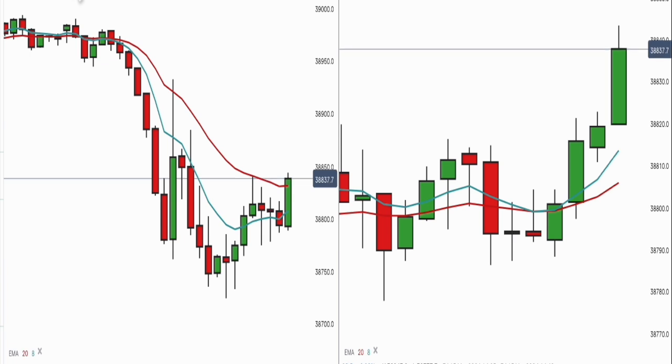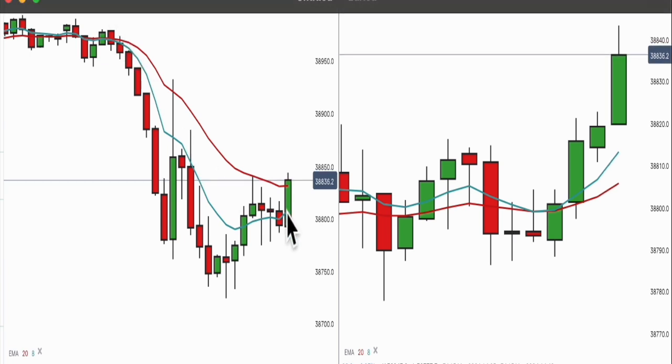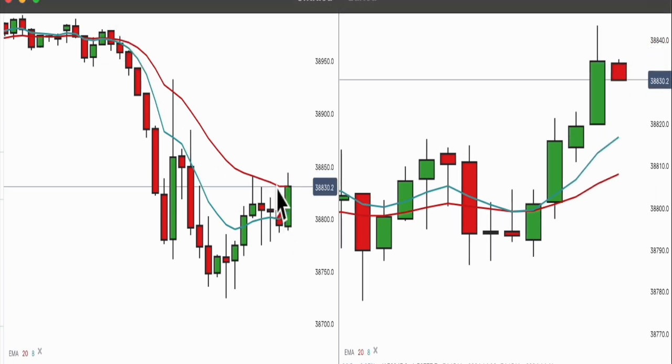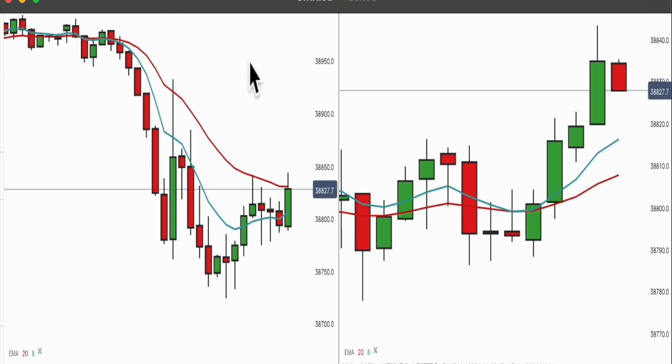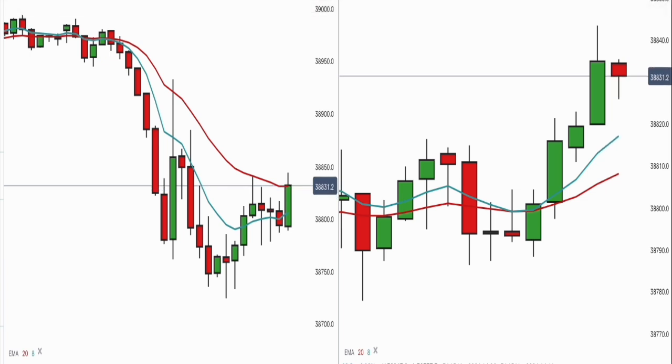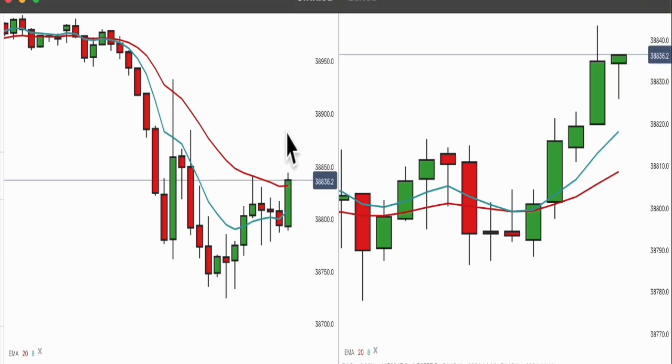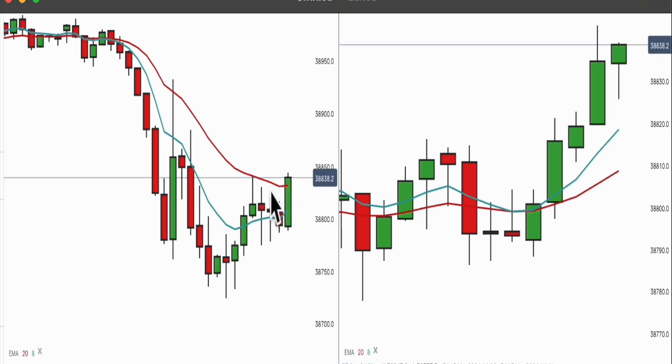Okay. What's happening here is that price is reacting to the 20 EMA, and you can see it's now almost below the 20 EMA on the master time frame. So you have to wait for it to close to trade on the trading time frame.